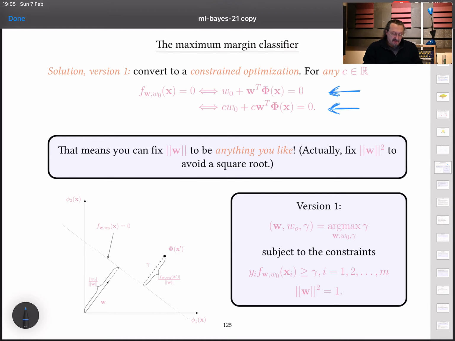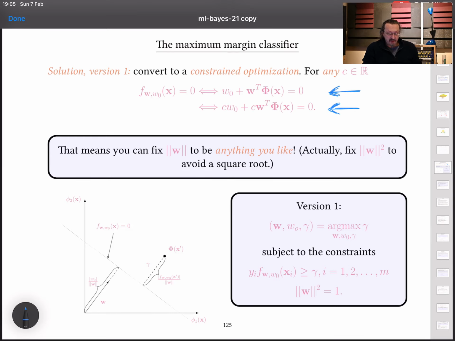If we fix the value of mod w to be 1, then the distance from the origin of the decision boundary is just the size of the bias weight. That gets simplified. The distance of an arbitrary point capital Phi of x prime in the extended space is just the value of f of x prime.